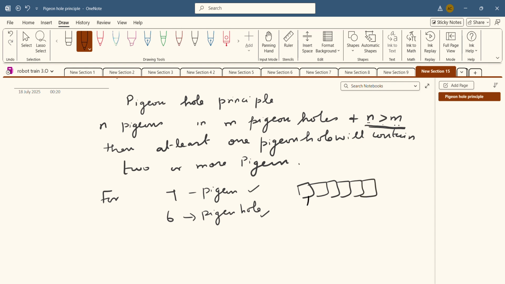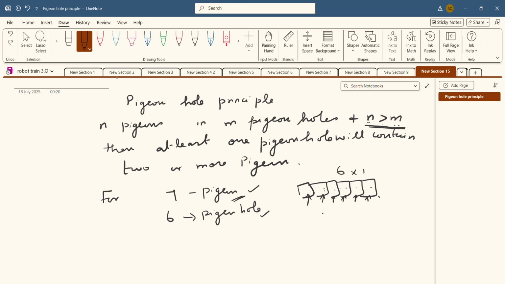In each hole I can accommodate one pigeon, so 6 pigeons I can easily accommodate. The remaining one, because there are 7 pigeons, can go into any of these holes.